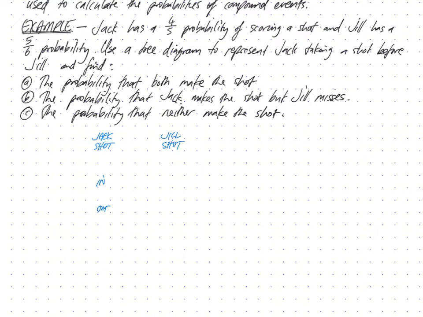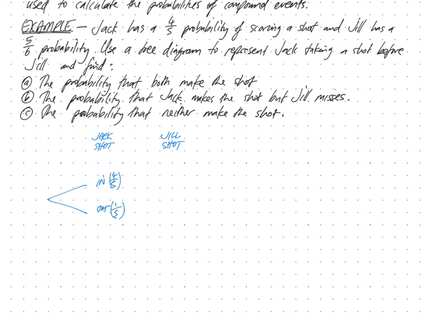He either gets it in or it doesn't go in. So in, out. His chance of scoring a shot is 4 out of 5. Therefore, his chance of not scoring the shot, the complementary event to scoring the shot, is 1 out of 5.